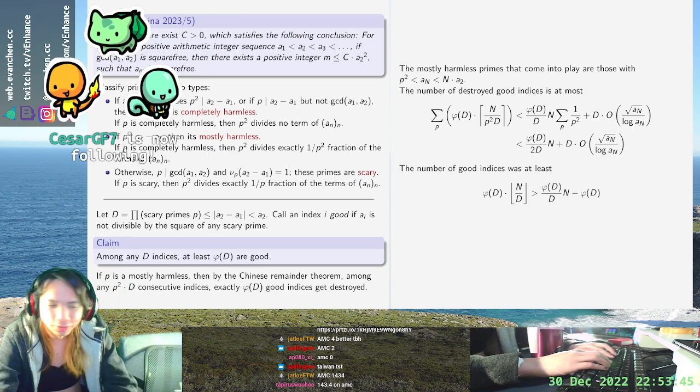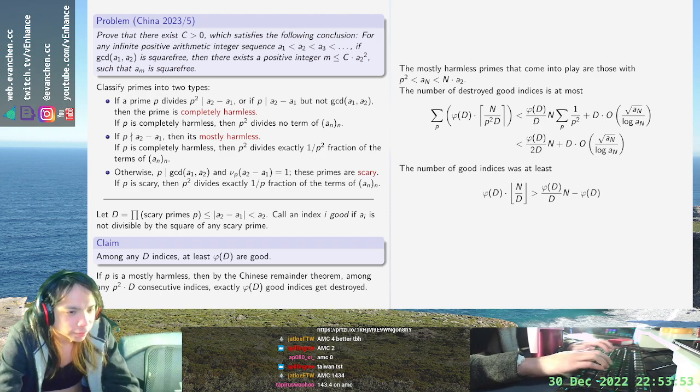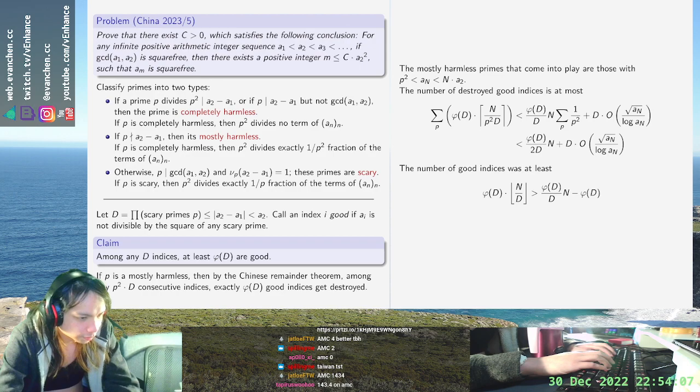Okay, so we are good. We are safe as long as... Okay, so first of all, these should be VFDs, and this should be a VFD. Okay, so we're safe as long as this is true.